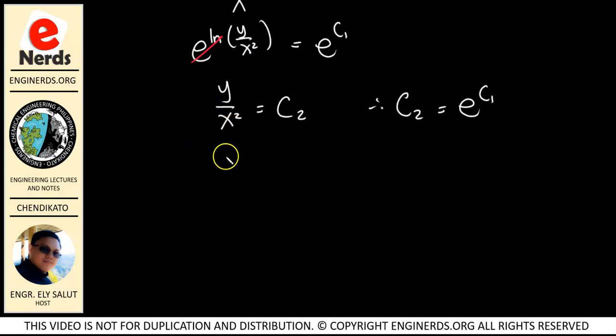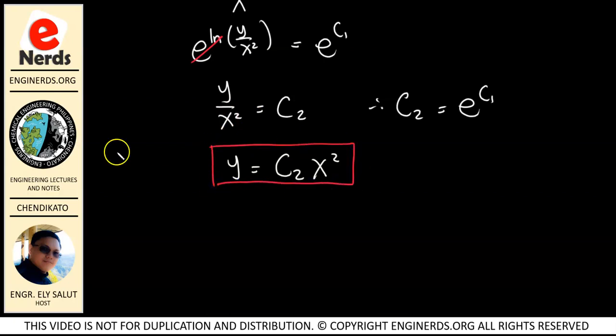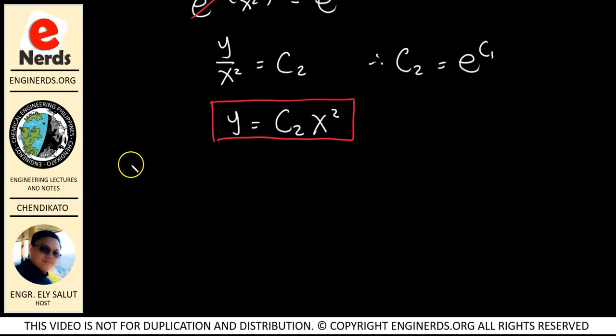Okay, simplifying this further, I will have y is equal to c2x squared. Okay, so this is our final answer dito sa ating question number 4. Okay, so now let's go to problem number 5, and this time we're going to use trigonometric function, ano?